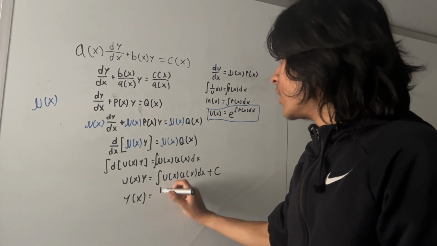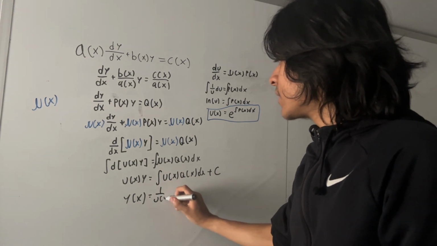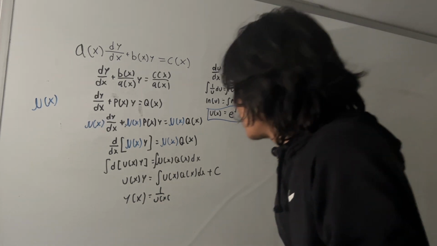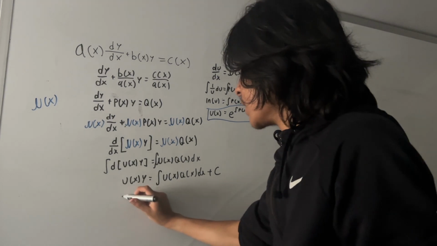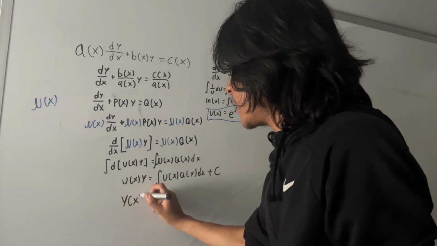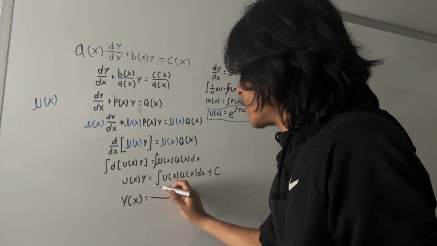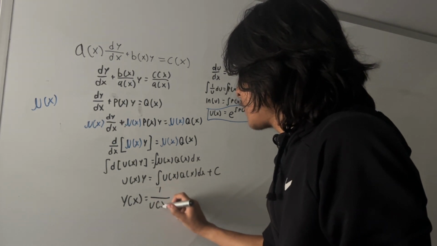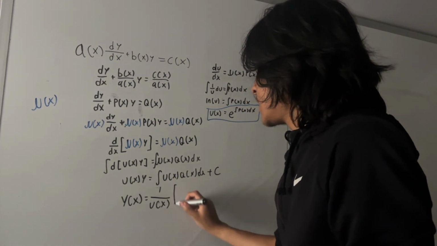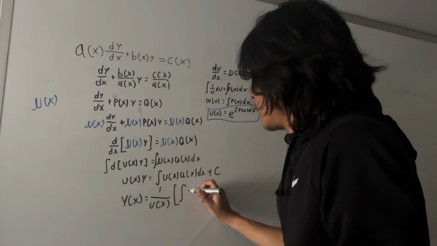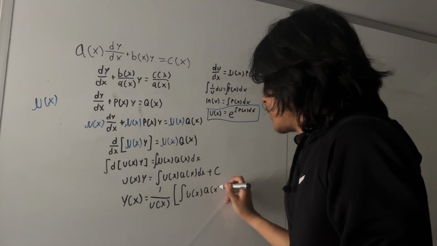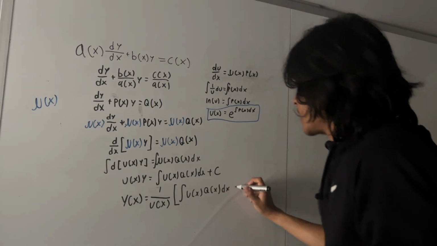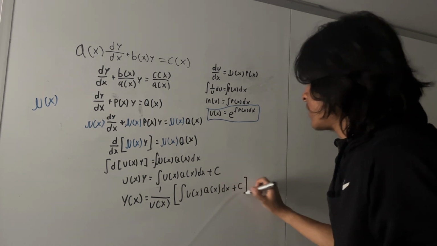Then we get 1 over u of x. Okay, let me write this a bit more clearly. So we get y of x is equal to 1 over u of x times the integral of u of x q of x dx plus c.